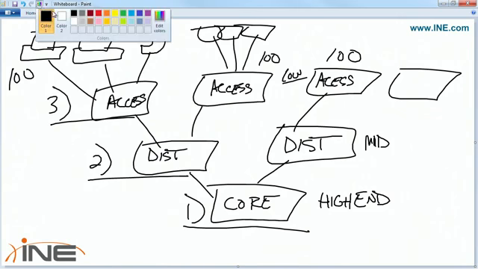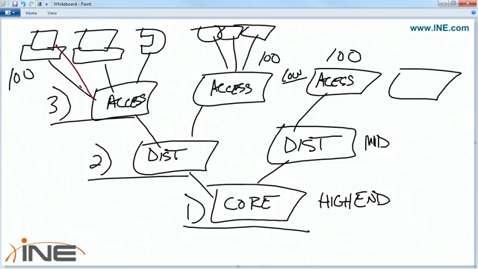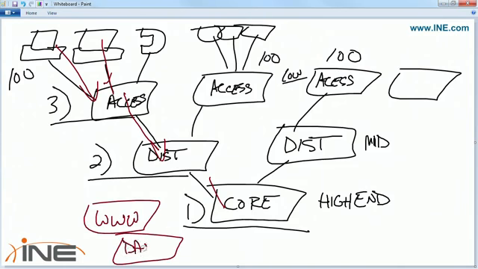Basically, their goal is just to get the traffic to come from the end hosts and somehow get into the core of the network, and then maybe this is where we have our web servers, or this is where we have our database servers. So as we start to build the local area network, or the LAN, we'll look at specifically how these pieces fit together, and how we get the traffic from our end host, let's say host A, to our web server B, or to our database server C.